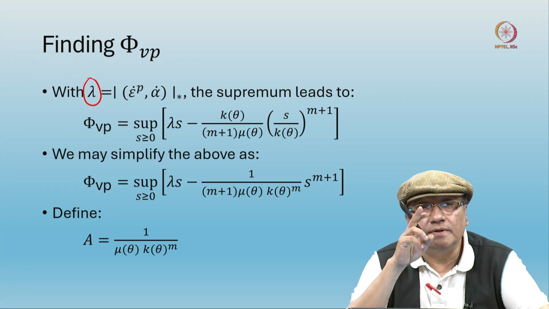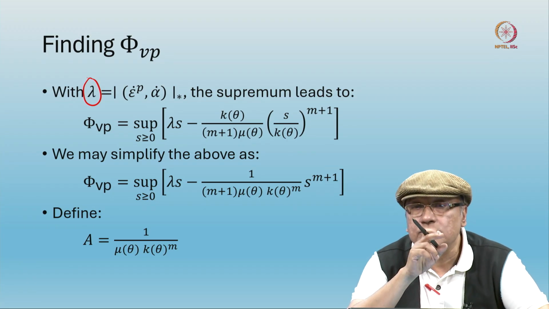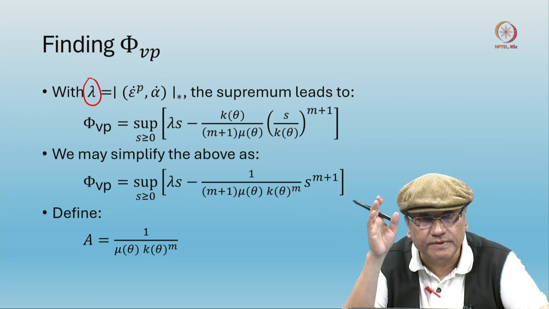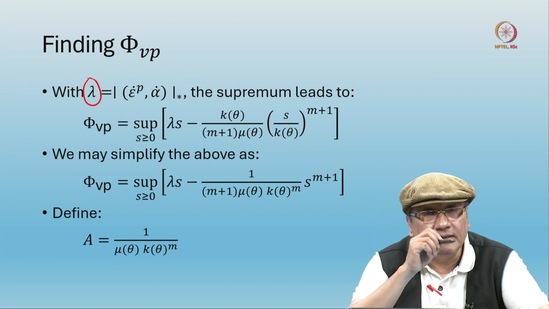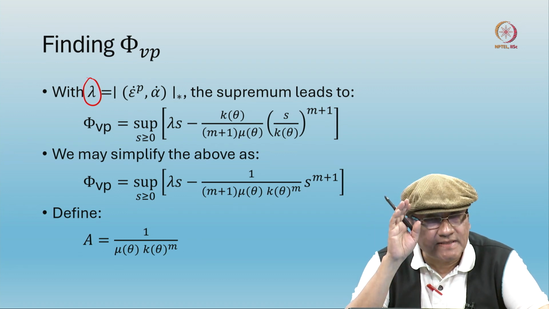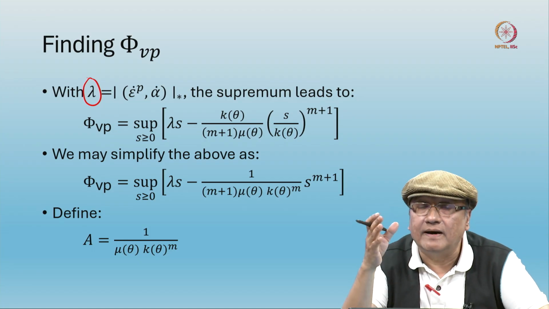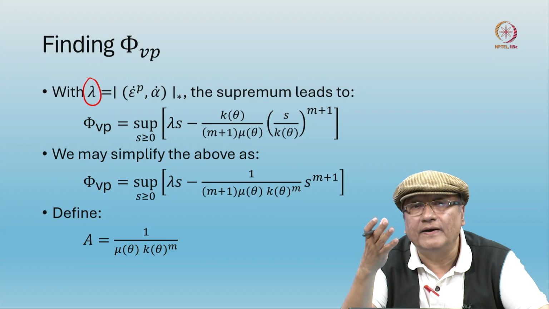You will now easily see that this dual norm is nothing but the support function over the yield set C. This lambda is related to the rate independent part of the phi, correct?